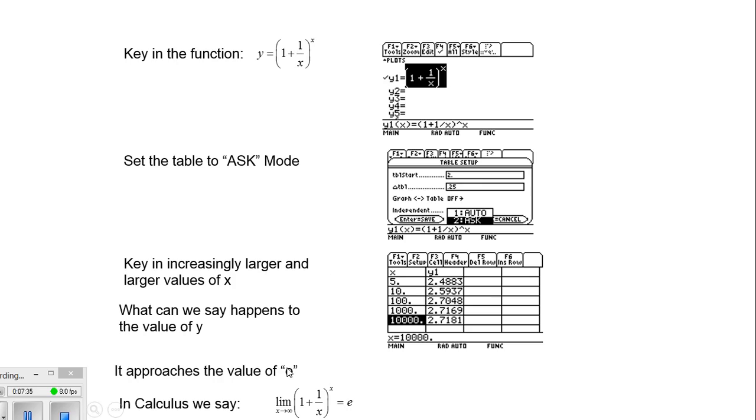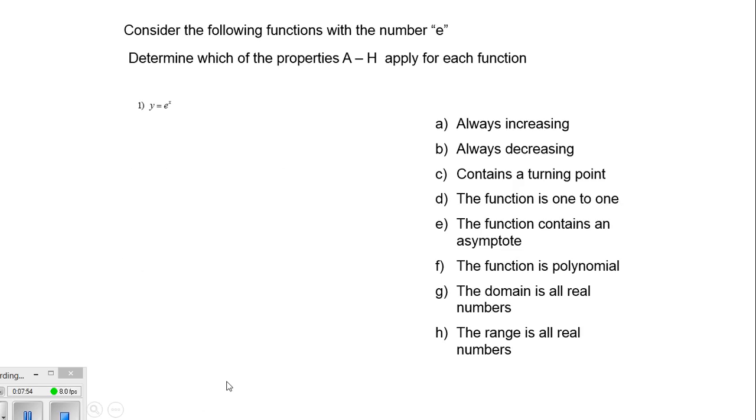But the end behavior in calculus, as I've alluded to, is simply the limit as x approaches infinity. So that is exactly what e is. e is the limit as x goes to infinity of the function (1 + 1/x) to the x.